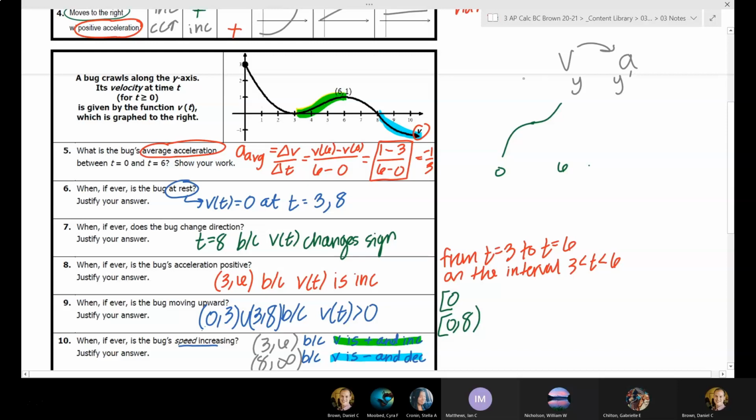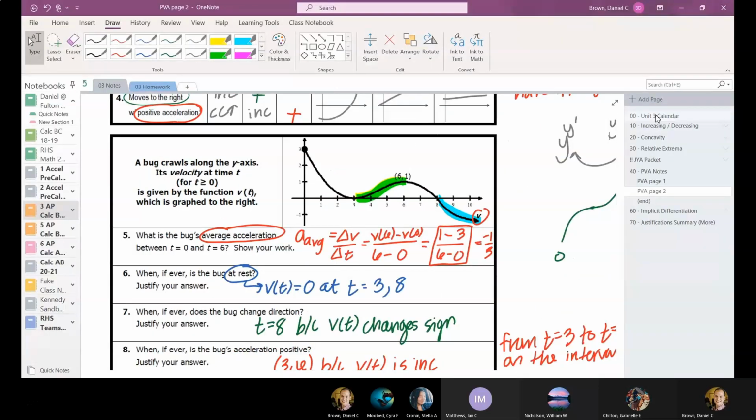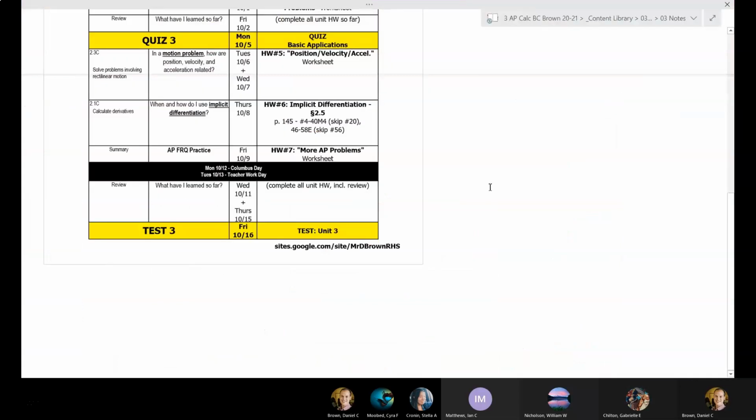But going from velocity to the position, you do the derivative and then the original function. We often don't have to draw out those graphs. I do have it in the homework for you to review that, but for class, I'm going to save time and skip that last question.